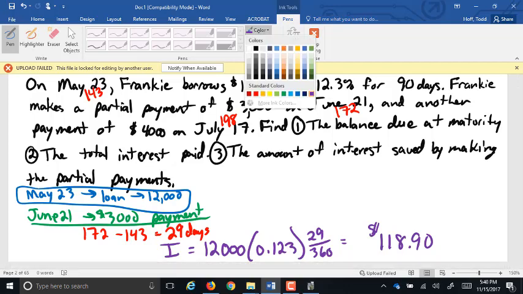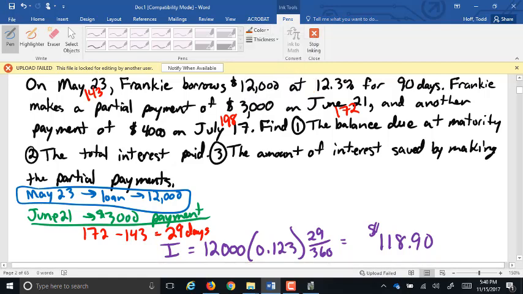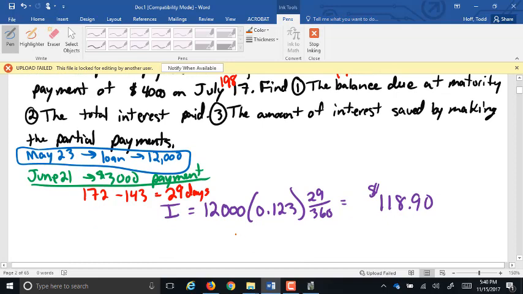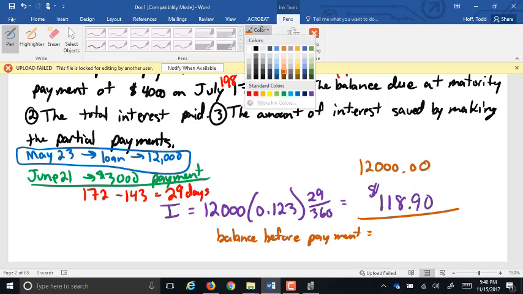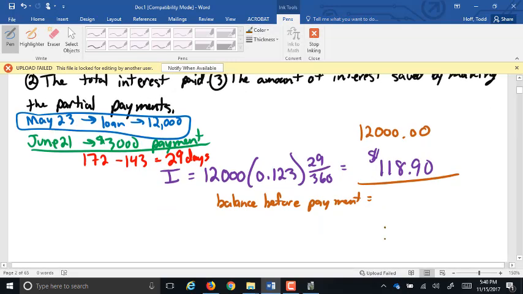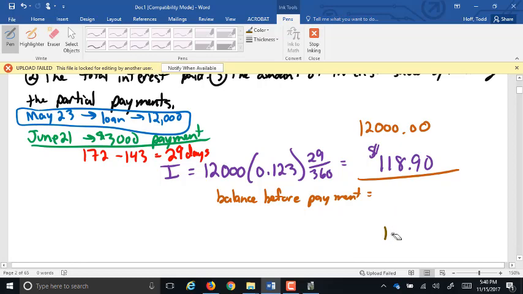So then let's take a peek at our balance before the payment. It would be found by adding that $118.90 to our $12,000 principal, which is $12,118.90.